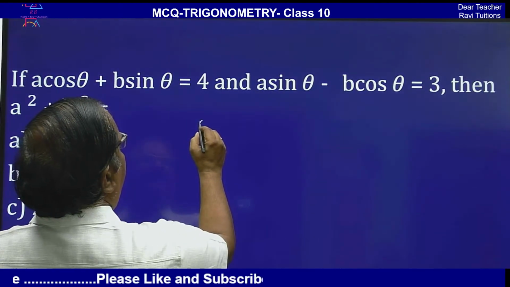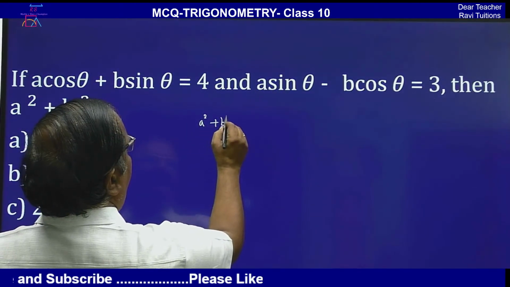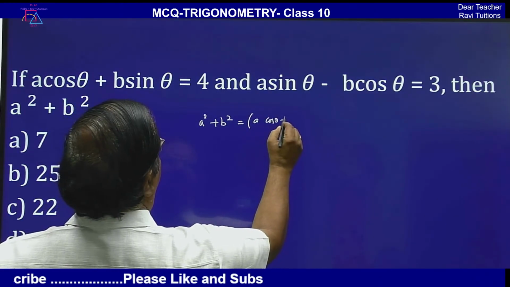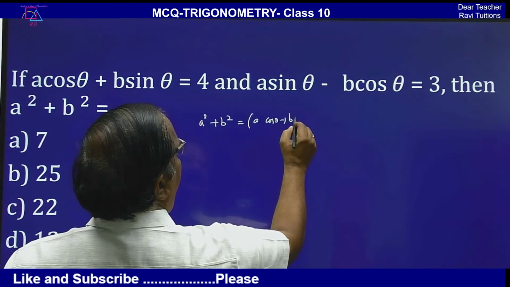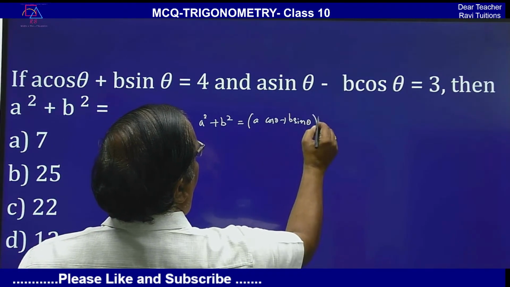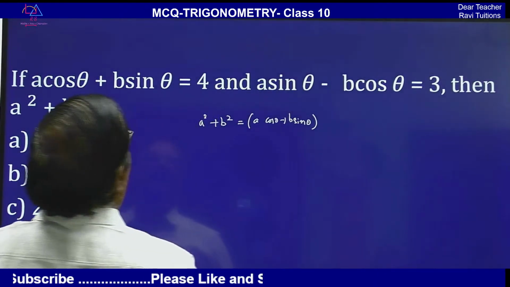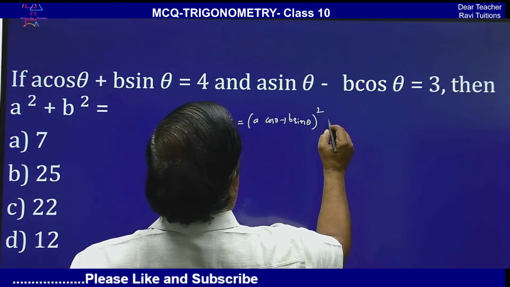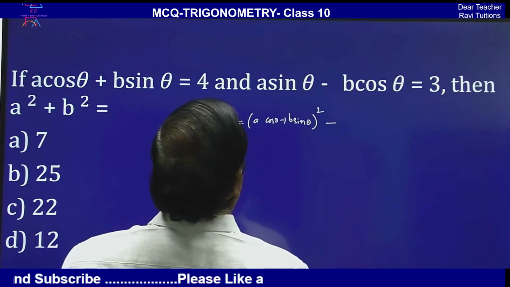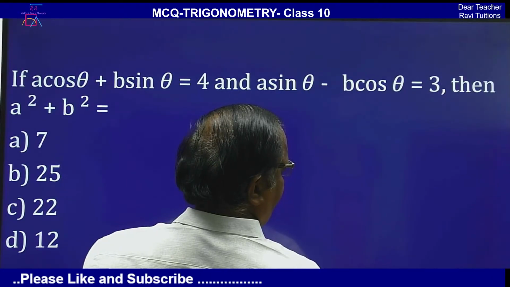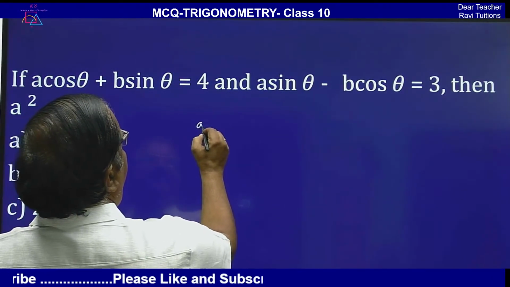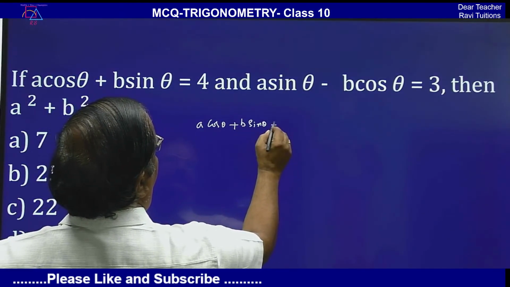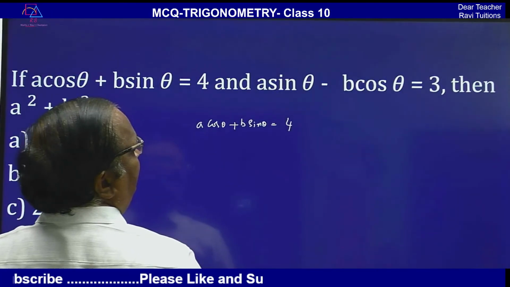So we want a square plus b square. So a cos theta plus b sin theta is equal to 4, right?